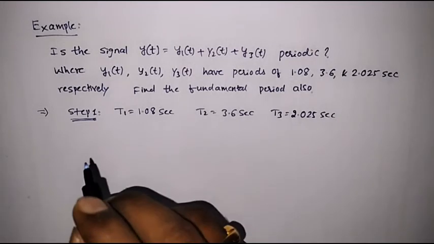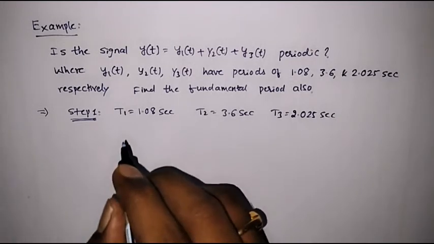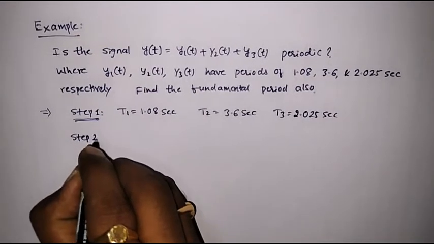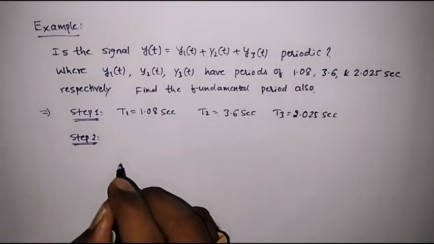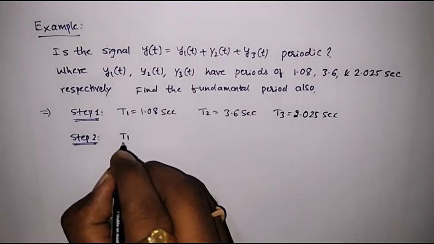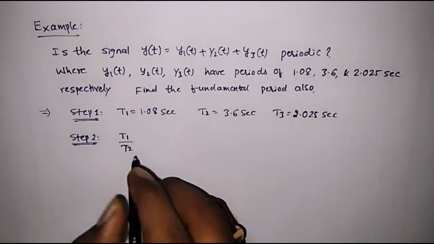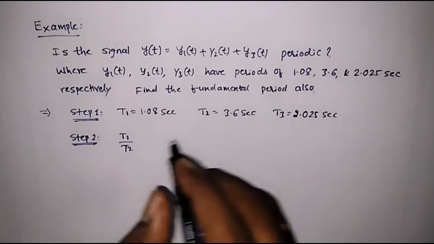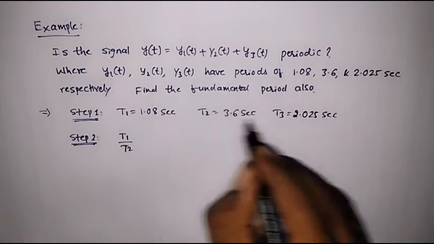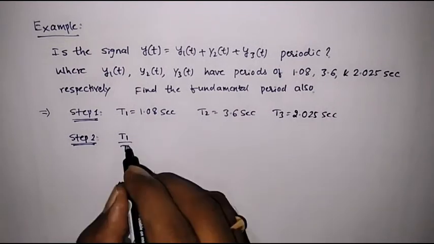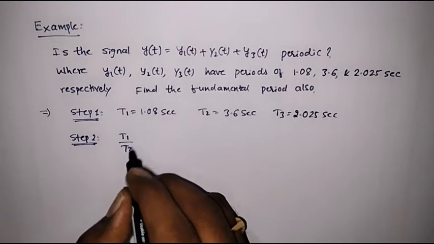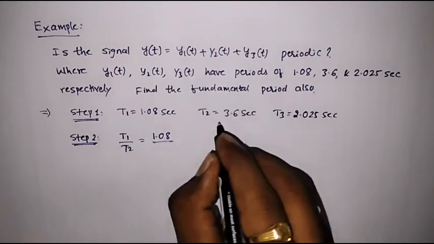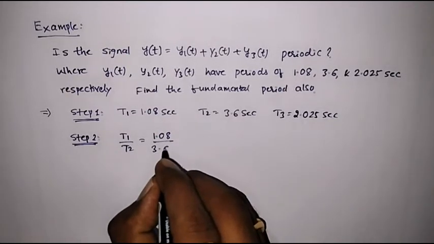In step number 2, we are supposed to obtain the ratio of T1 by Ti. So here T1 by T2, that is, i varies from 2 to m. So here i varies from 2 and 3. Therefore T1 by T2 is equal to 1.08 divided by 3.6.